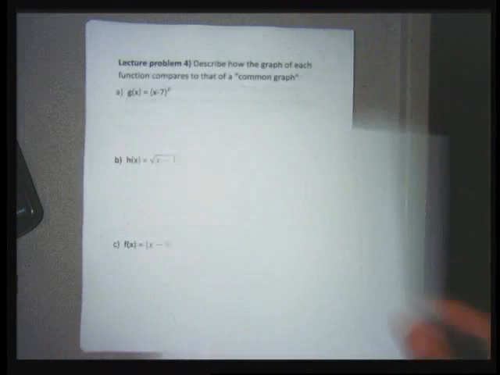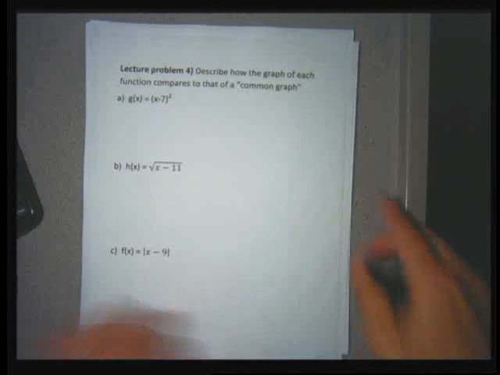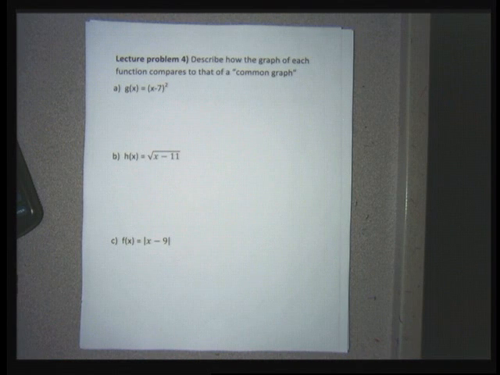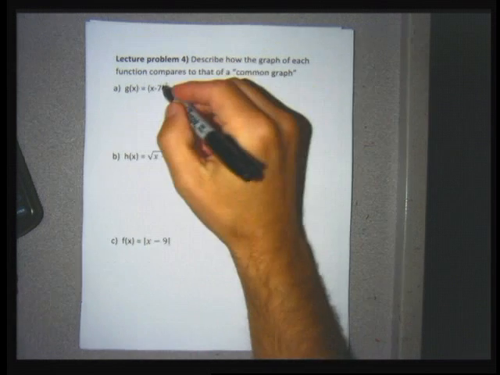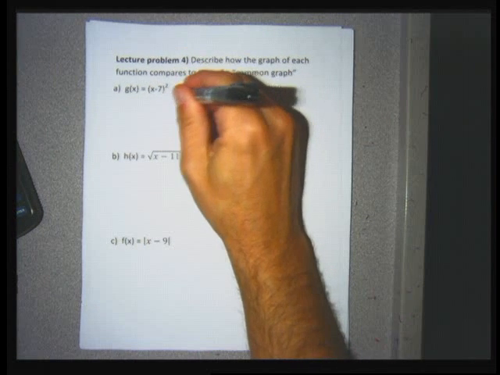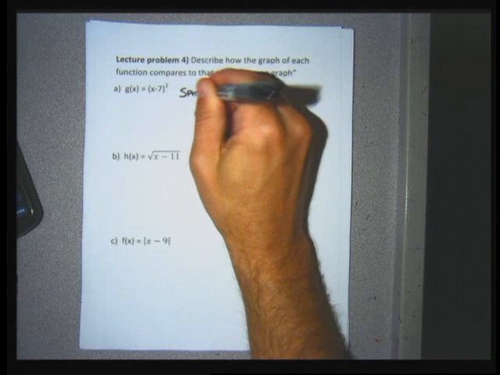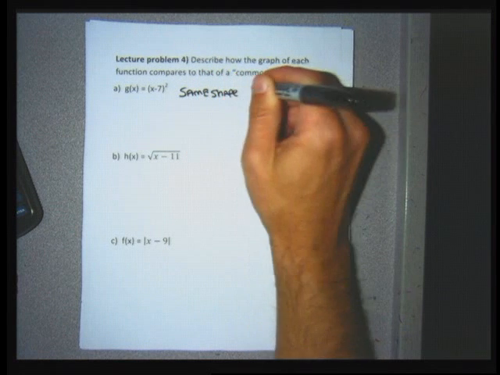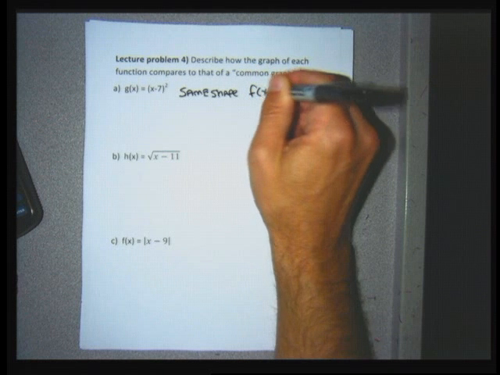The next problems are just to make sure you understand the concepts. Problem 4, it says just describe how each one of these graphs would relate to a common graph. And for part A, it gives me a square. So this graph right here would have the same shape as, I'll say f of x equals x squared for that matter.